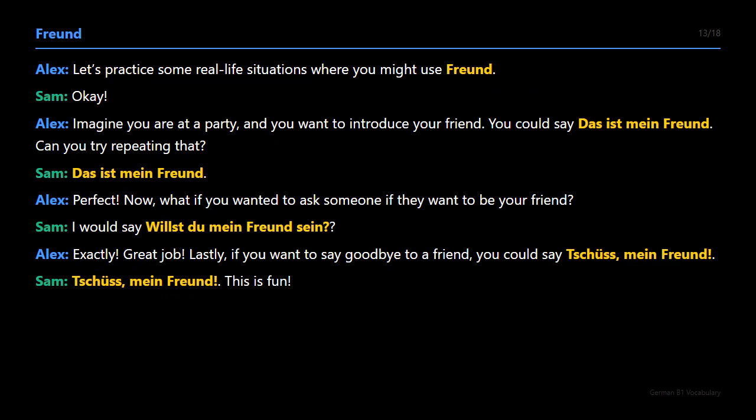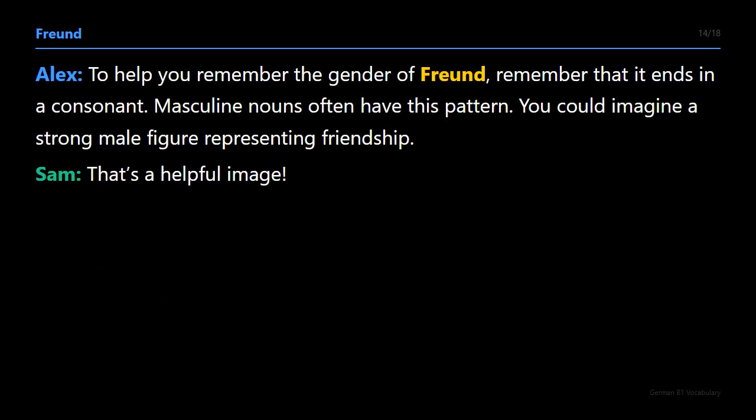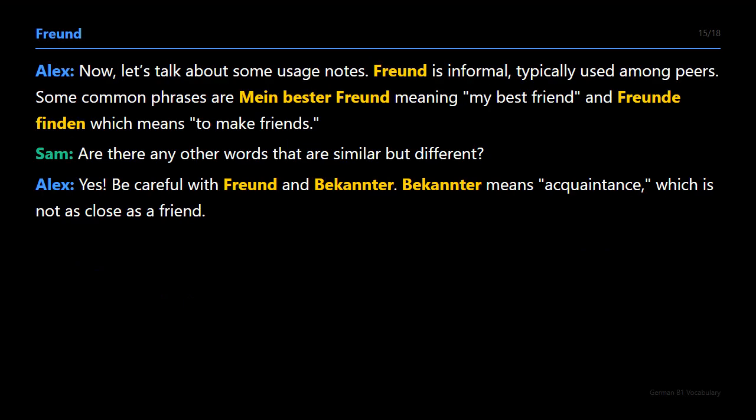This is fun. To help you remember the gender of Freund, remember that it ends in a consonant. Masculine nouns often have this pattern. You could imagine a strong male figure representing friendship. That's a helpful image. Now, let's talk about some usage notes.